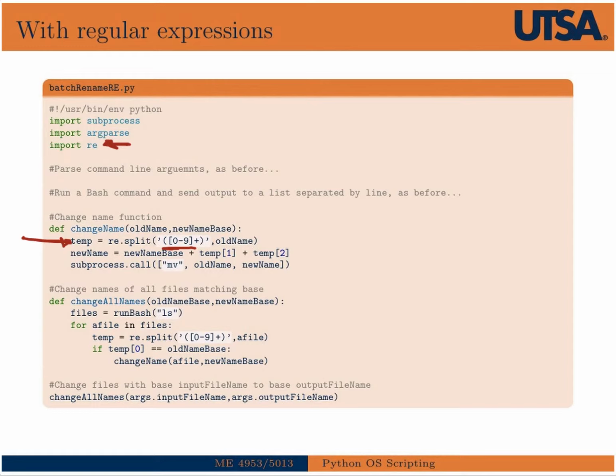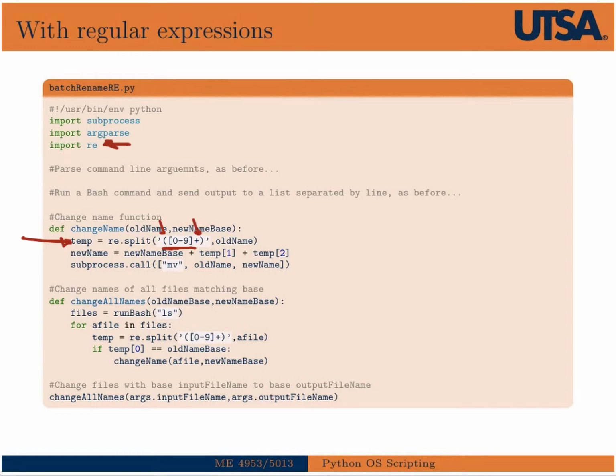The parentheses around the regular expression indicate that I want to actually return whatever I split into my list. So this is going to return a list, namely with the base name, whatever your split criterion is, and then whatever's the file extension or whatever's left.